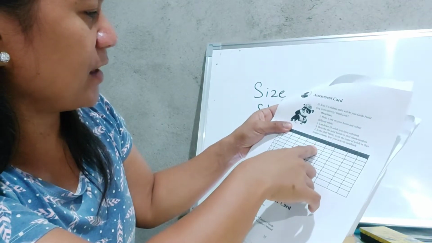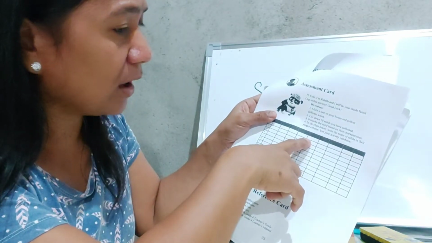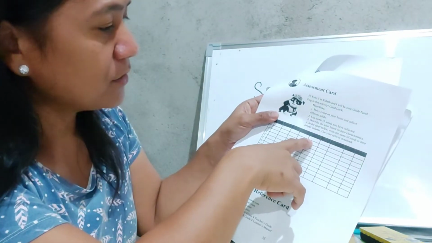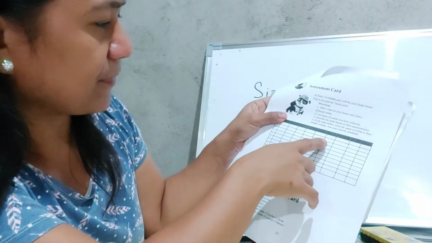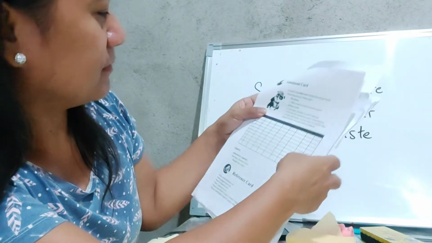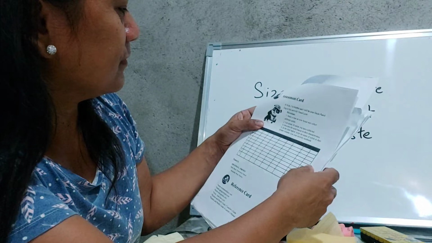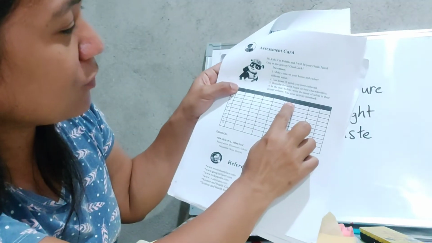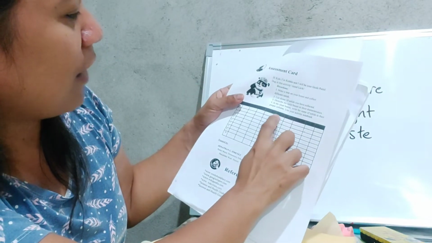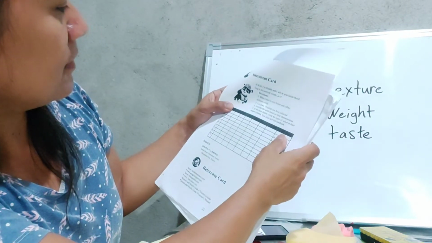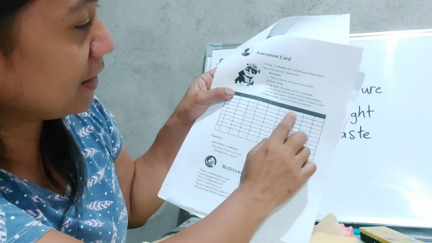And then, this one, the hardiness. Kung light ang weight niya, kung heavy, so yung hardiness. Pasensya na po, talagang hindi ko maintindihan yung nakasulat dito sa dalawang column na to. After po ng hardiness, hindi ko po talaga mabasa kung ano nakalagay dito.